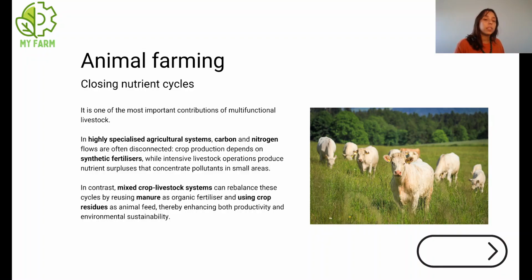In contrast, mixed crop-livestock systems can rebalance these cycles by reusing manure as organic fertilizer and using crop residues as animal feed, thereby enhancing both productivity and environmental sustainability.